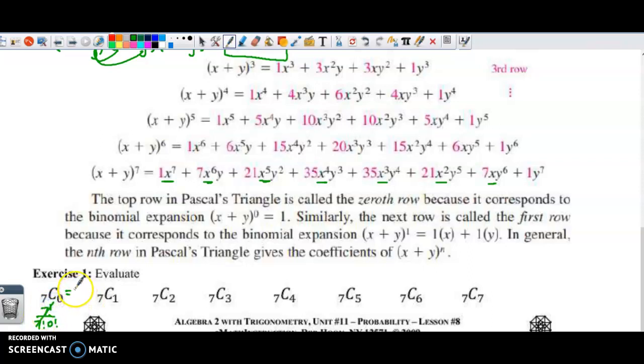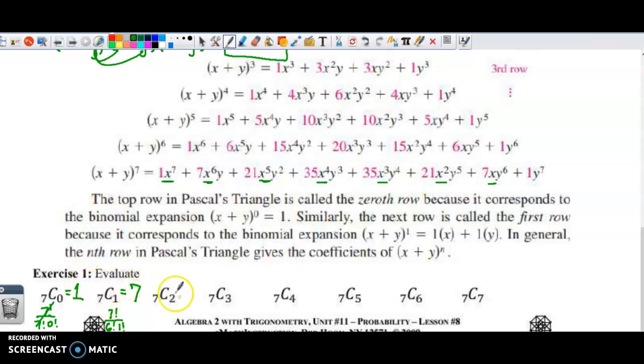Well, everything cancels, I'm left with 1. Well, if I do 7C1, that's the first number factorial over the difference factorial times the second number factorial. And if you do the arithmetic, you'll see it's 7.